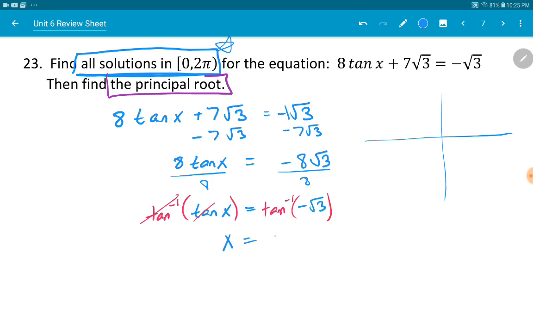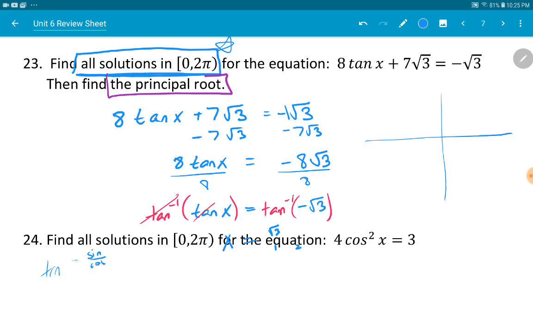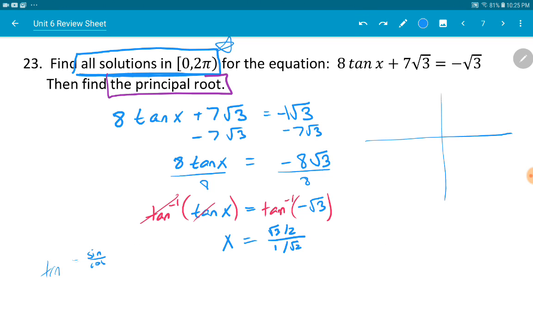That's thinking of tan as sine over cosine. So I'm looking for negative radical 3 over 2, over 1 over 2. I'm sorry, over 1.